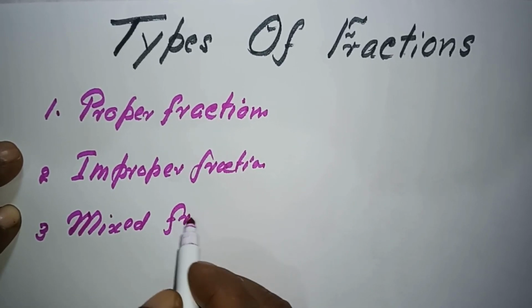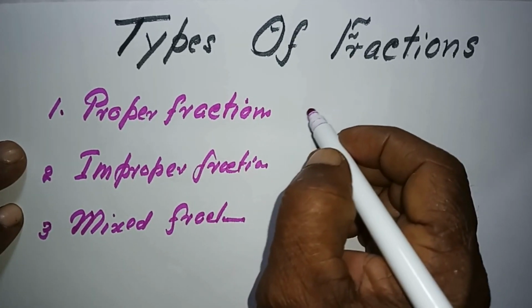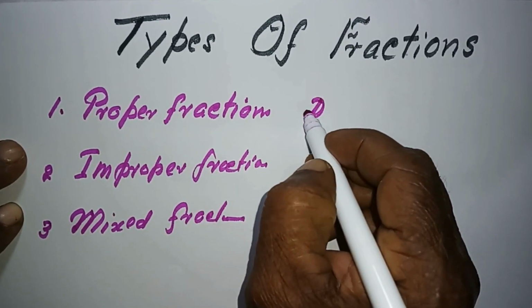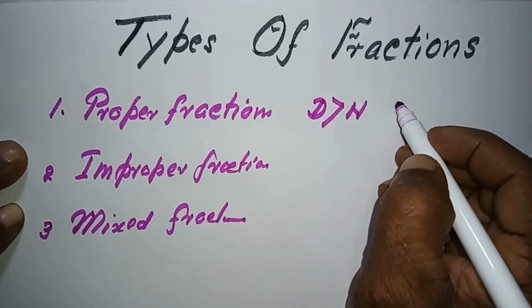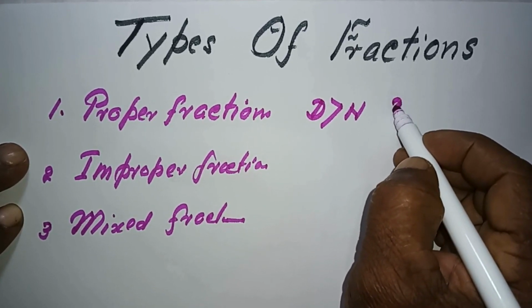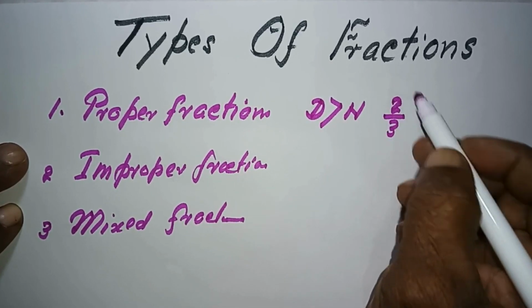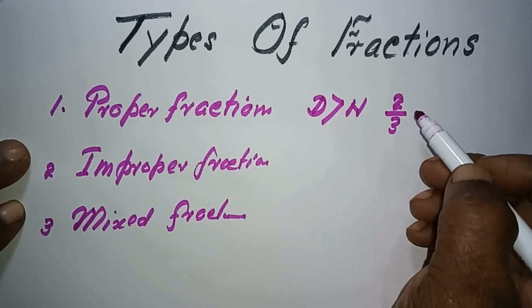Mixed fractions. Now, in proper fractions, always the denominator is greater than the numerator. For example, we can take 2 over 3, that is 2/3. This is a proper fraction because the denominator is greater than the numerator.